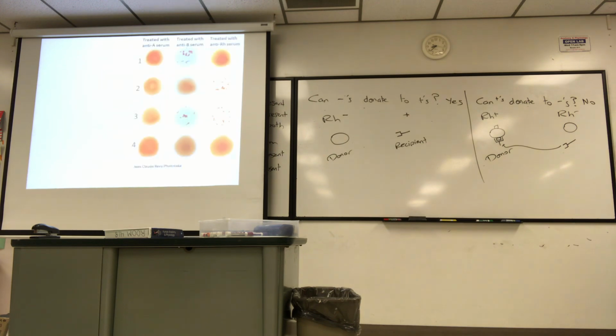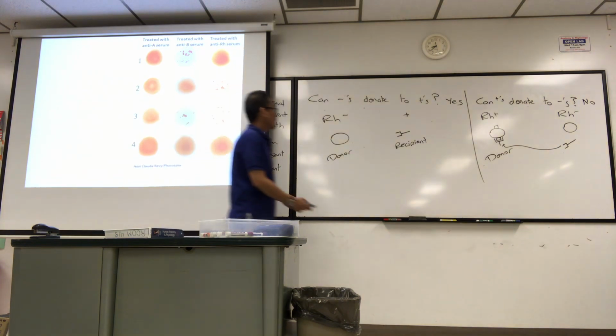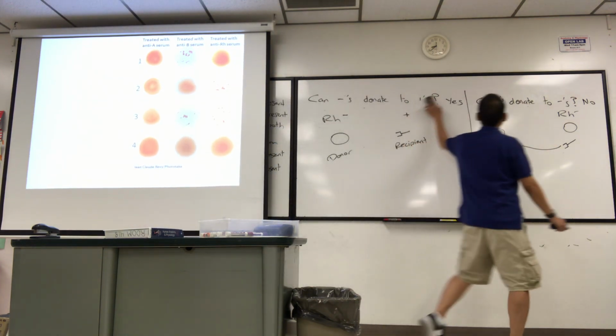Now, the lab is different. You're going to type blood first, okay? And so how do you do that? Well, you have to have a test and a method, and you don't know what the blood is.